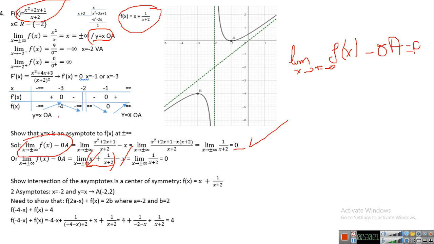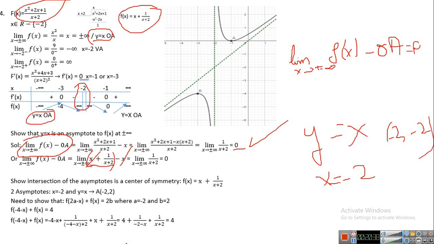So here I have two asymptotes, y equal to x and x equal minus 2. If x is minus 2 and y equal to x, you are going to get the point minus 2, minus 2. So you need to show that the point minus 2, minus 2 is a center of symmetry.